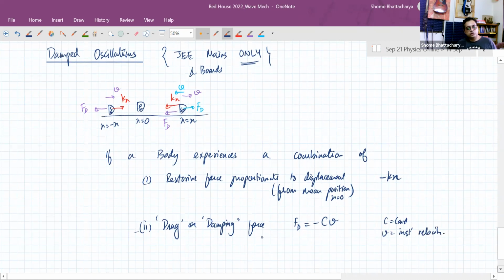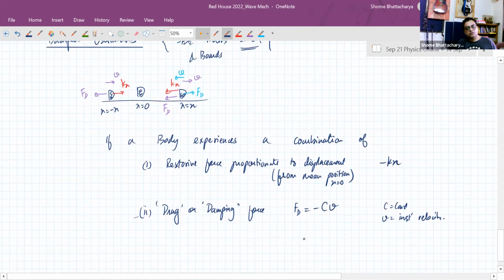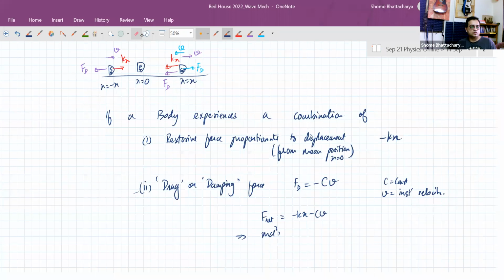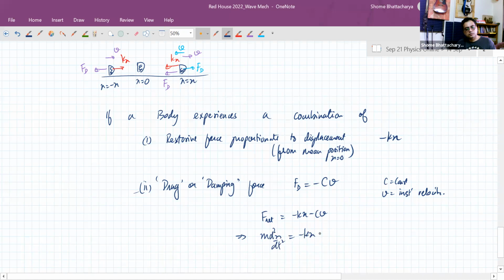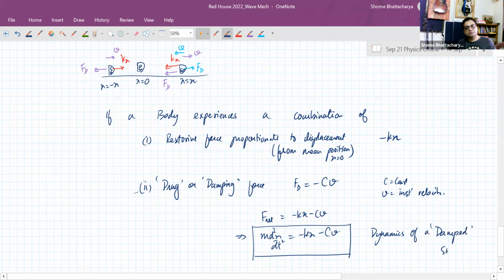So the net force on the body becomes a combination of these, m d2x by dt square. This kind of situation, this is the dynamics of a damped SHM.